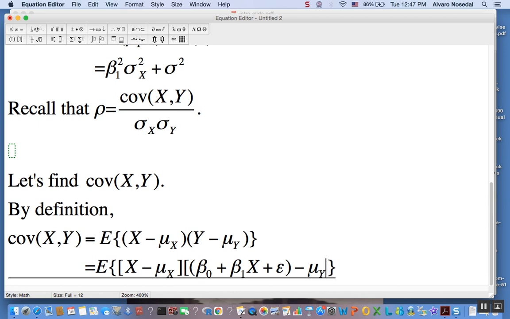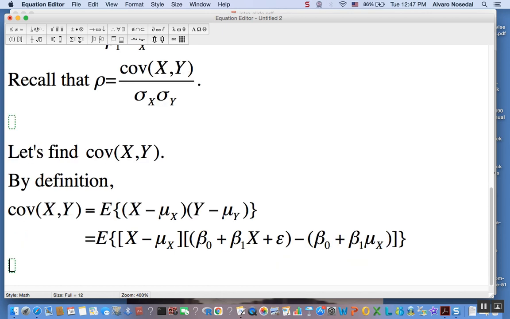There we are. No problem, right? Easy. So now note that when we multiply by this negative 1 here, we're going to have beta 0 minus beta 0, so these guys will cancel out.